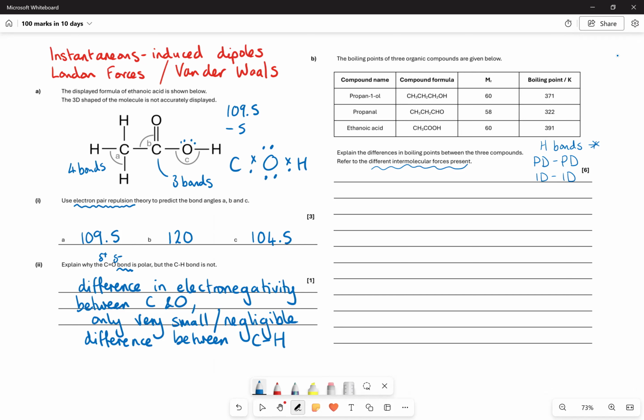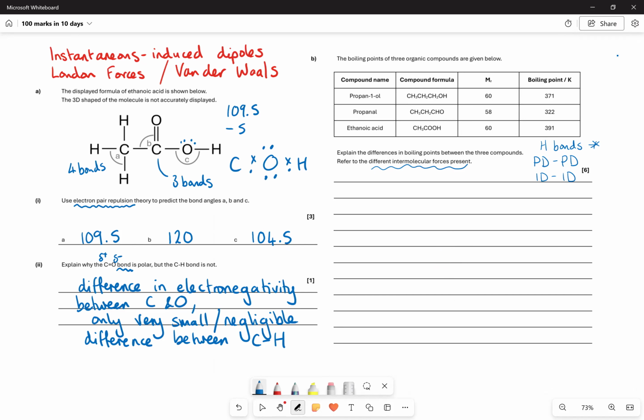Now, in organic molecules, something like a C double bond O is very rarely cancelled out by symmetry. It could only be cancelled out if you had another C double bond O on the other side. So for organic molecules, we don't normally have to worry about the shape to see if something is polar. So you can basically go with organic molecules that alkanes and alkenes, so hydrocarbons, only have ID.